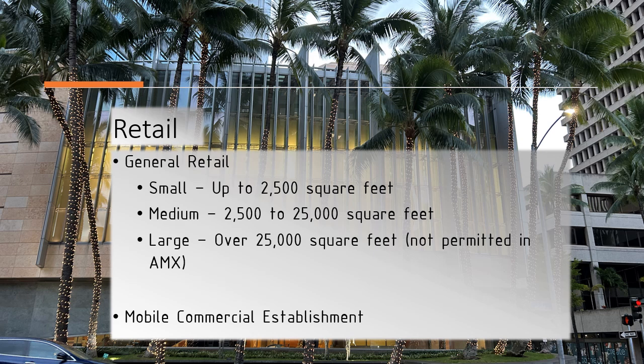Small retail facilities have up to 2,500 square feet, and medium retail has between 2,500 and 25,000 square feet of retail space. Large retail establishments have more than 25,000 square feet of retail area. Large retail stores are not allowed in the apartment mixed-use districts.